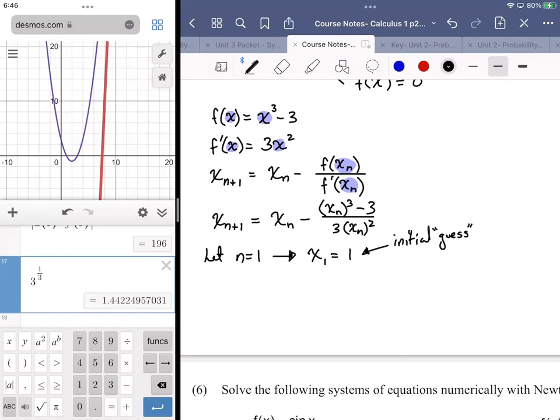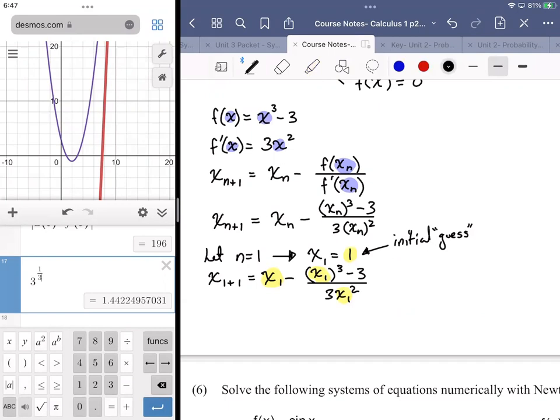So if n is 1, then my first computation would be x sub 1 plus 1 is equal to x sub 1 minus x sub 1 cubed minus 3 over 3 x sub 1 squared, with x sub 1 being equivalent to my initial guess, which is 1.